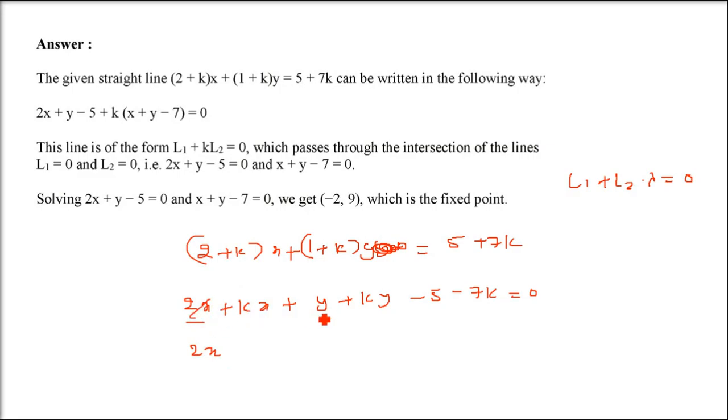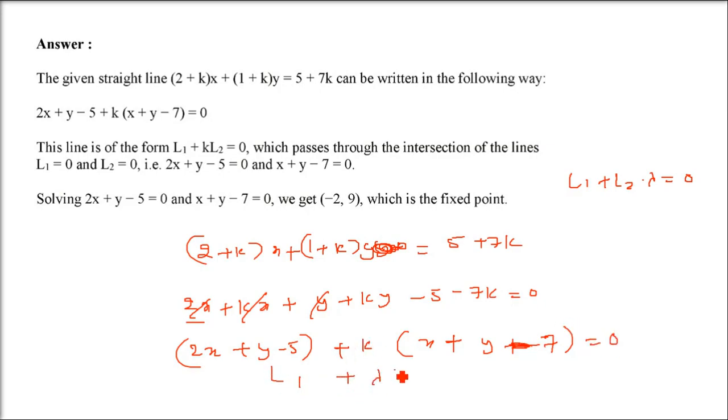So you have 2x plus y minus 5, and take k common: x plus y and 7 minus 7, so x plus y minus 7 equals 0. This is the form L1 plus lambda L2, and this shows that there is a family of lines passing through the intersection of two lines.